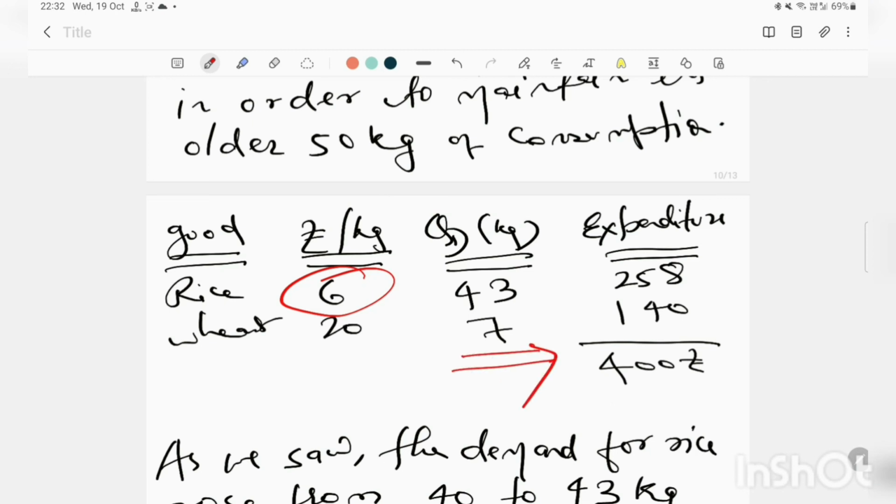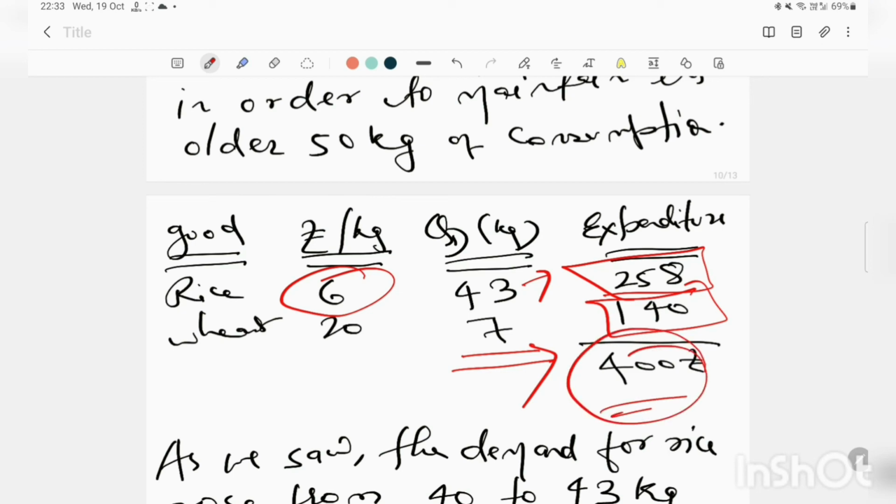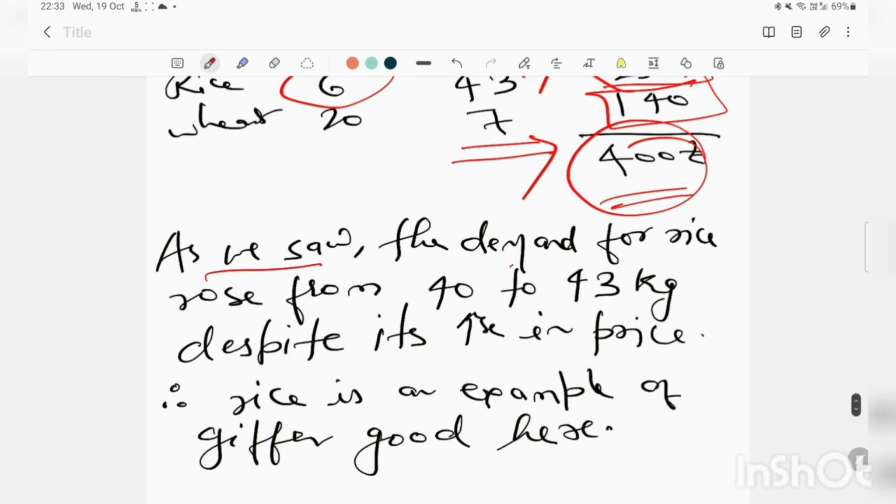They reduced 3 kg of wheat, and increased 3 kg of rice, where they paid 258 rupees for the rice consumption and 140 for the wheat consumption, and it came out to be 400. So as we saw, the demand for rice rose from 40 to 43 kg despite its increase in price.